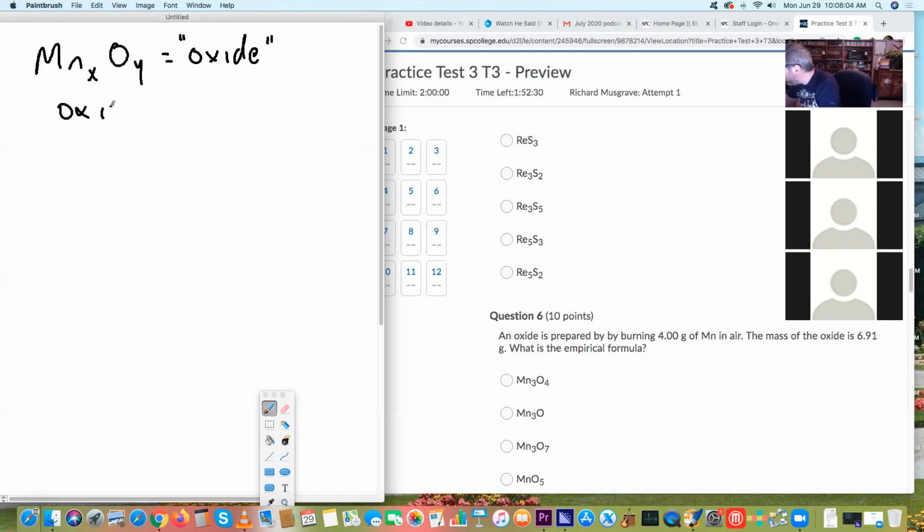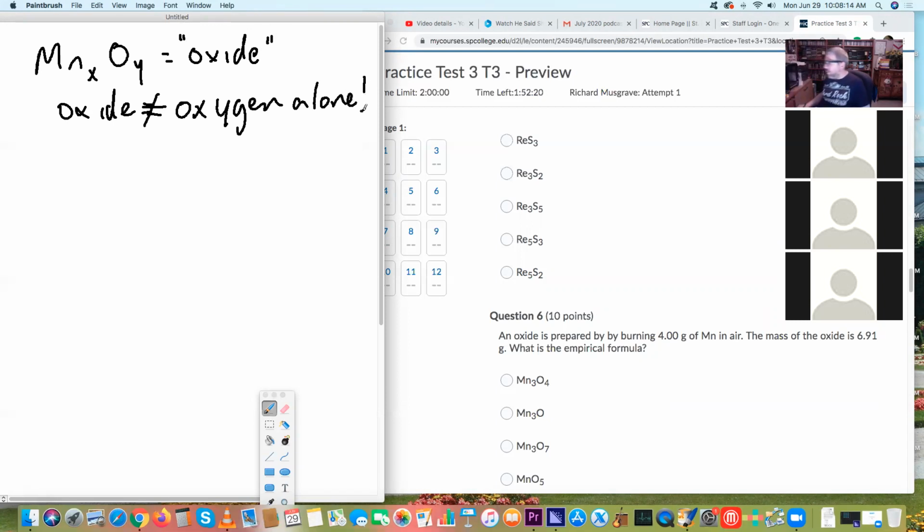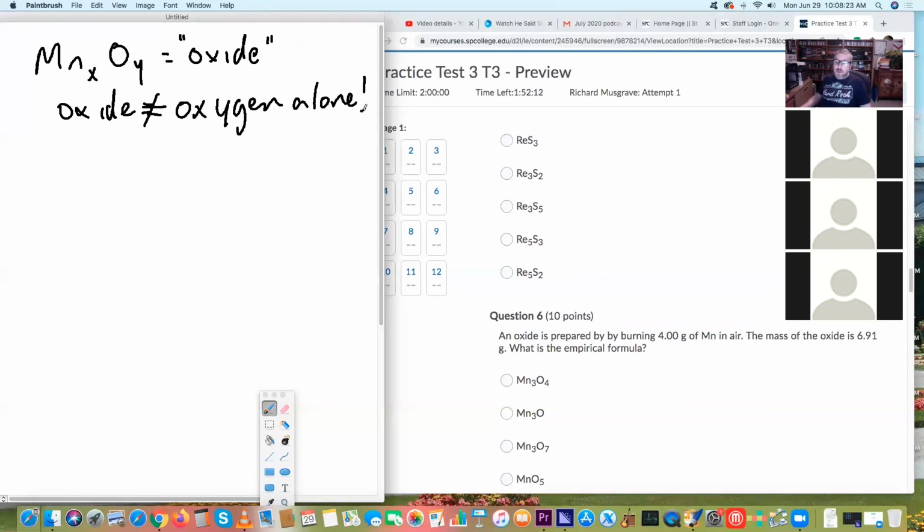Now, I'll tell you this, oxide does not equal oxygen by itself. And that's really important. I think a lot of the time people see this problem and they think, oh, 6.91 grams of oxide, that must be oxygen. No, no, no. The oxide is the manganese and the oxygen combined together.